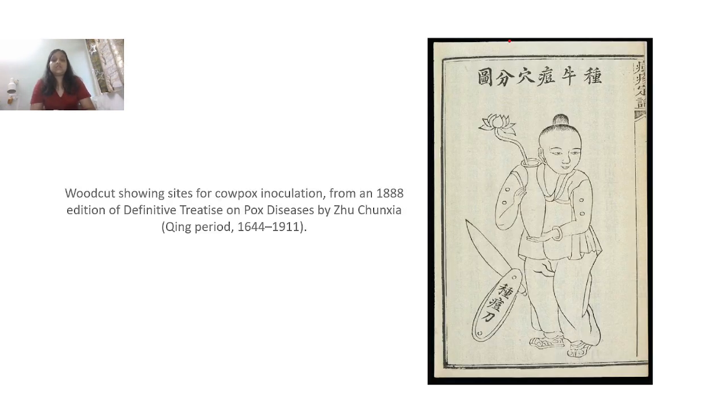I hope everyone remembers the cowpox inoculation, which we studied in the beginning of our course, where inoculation with cowpox helped people survive smallpox. This is a sculpture you can see, from the Qing period, 1644 to 1911.